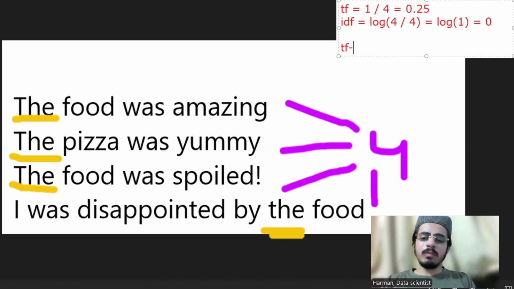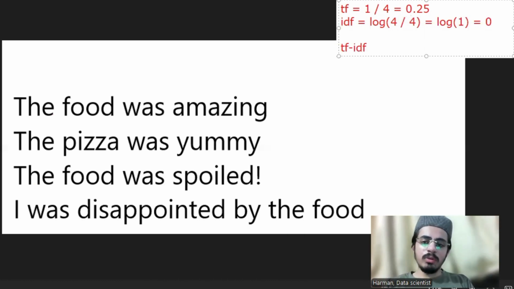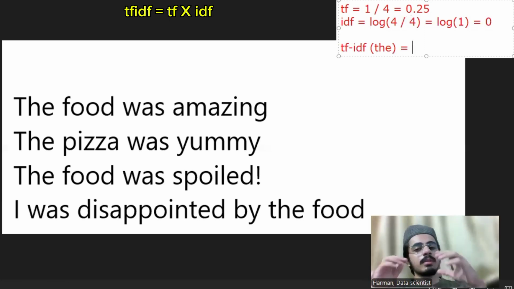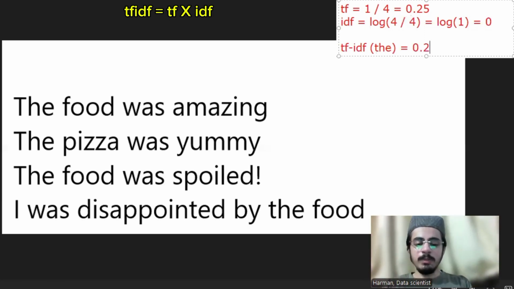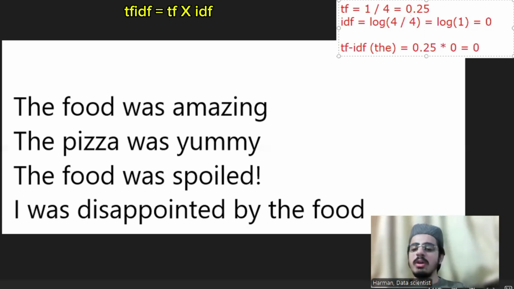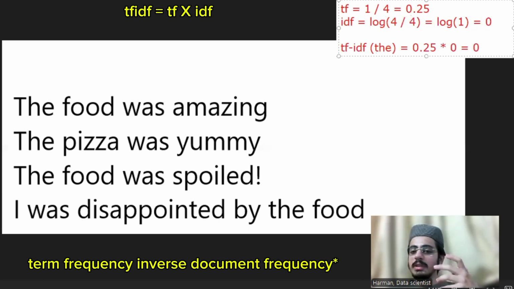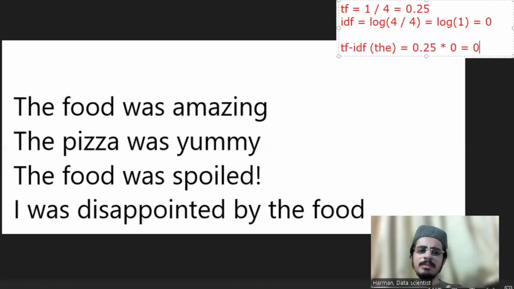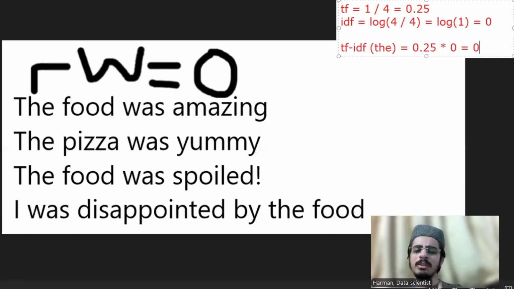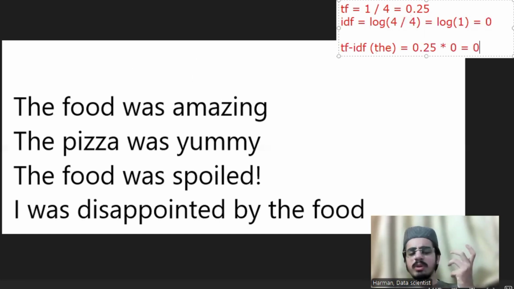So the tf-idf of the word "the" is 0.25 multiplied by 0, which will be 0. Anything multiplied by 0 will be 0. So the tf-idf of "the" is 0. And this was expected. We knew that "the" has no importance in our document, and our model has dealt with this.